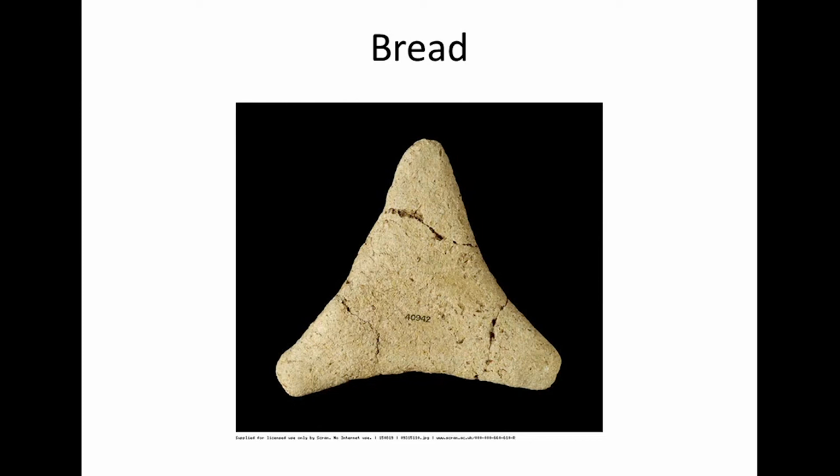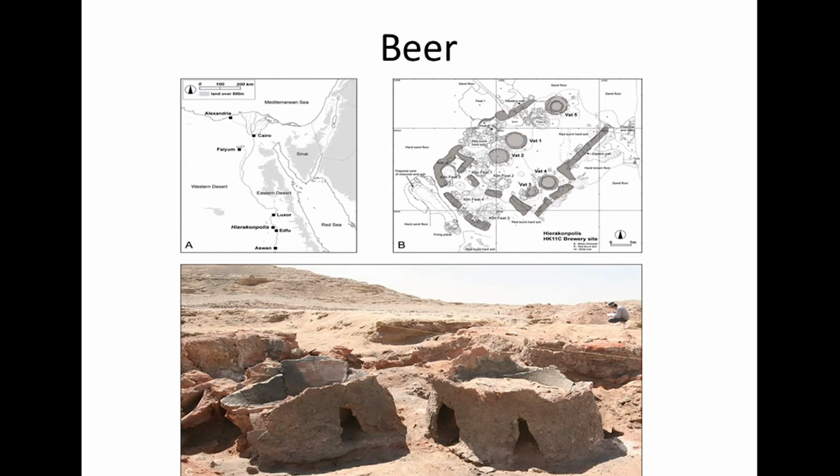They're made from the same ingredients, yeast, natural yeast in the case of ancient Egypt, and grains. The other staple of the Egyptian diet, certainly of the non-elite, was beer. Egypt is probably the first place beer was ever made.